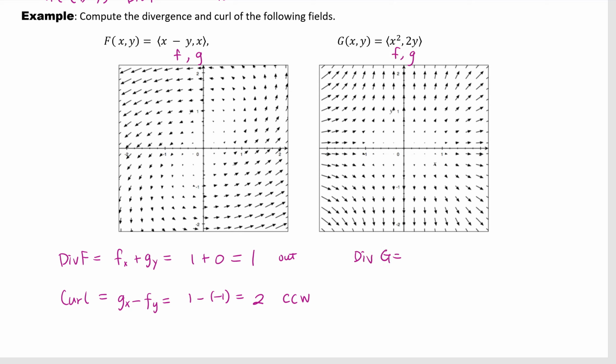The divergence is fx plus gy. fx is 2x, gy is 2. And the curl: gx minus fy. gx is 0, fy is 0. So this is 0. It's not rotating, so it's irrotational.